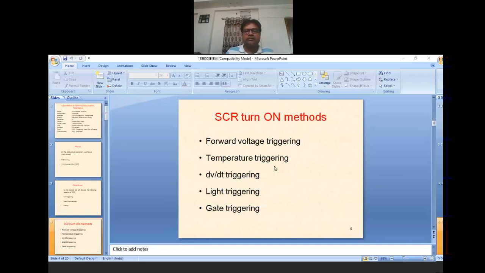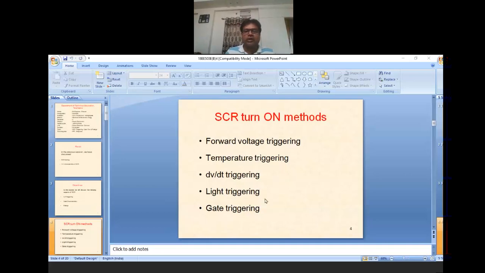Again, it is a sort of forward voltage triggering wherein the increase in voltage will be very high. When the rate of increase in voltage exceeds a pre-specified level of dV by dt, it starts to conduct. The junction J2 will vanish and the SCR starts to conduct. The same thing can also be done by light triggering.